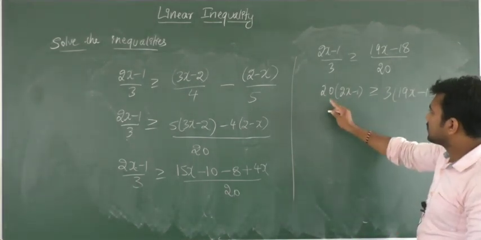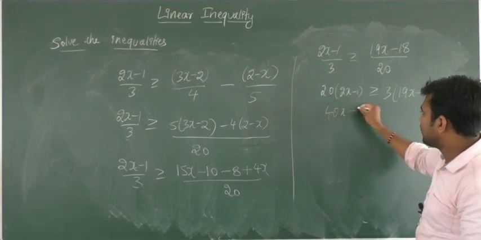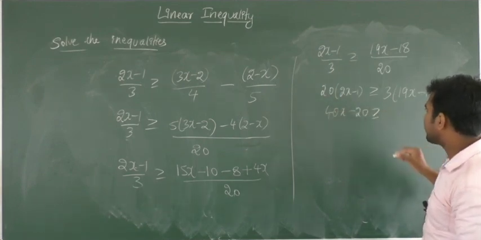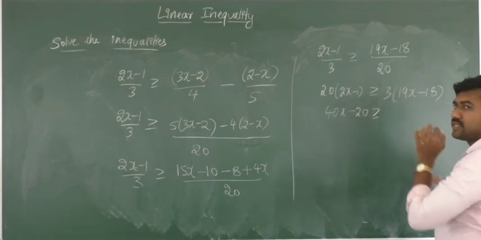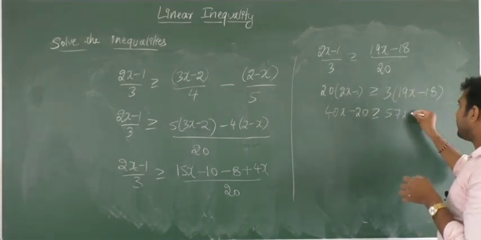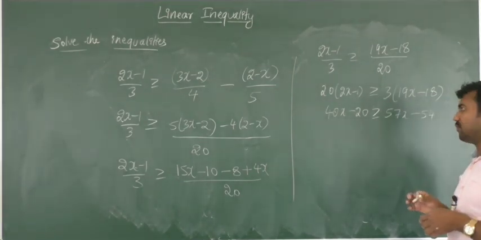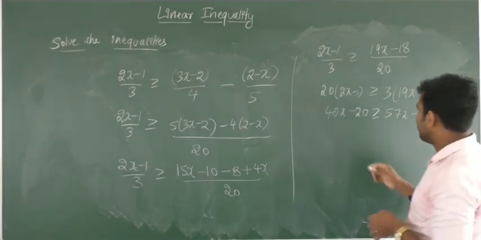Or this is nothing but 20 into 2x, 40x, 20 into minus 1 minus 20 greater than or equal to 19 into 3, 57 into x, 18 into 3 is 54, and here the sign minus you have, so minus 54.